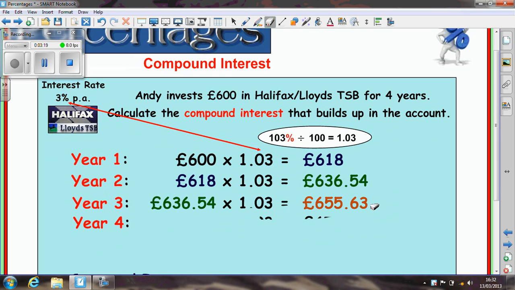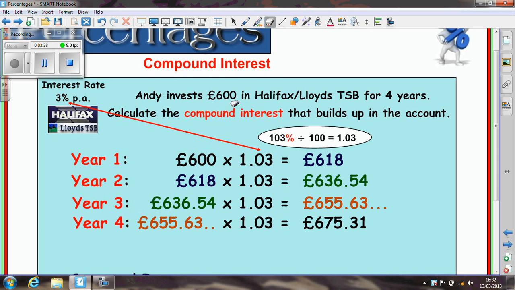Don't round this answer. I think this goes on a wee bit more in your calculator. Just leave it in your calculator and multiply it by 1.03 again, and finally you end up with £665.31. So the question was, calculate how much interest basically that you earned.